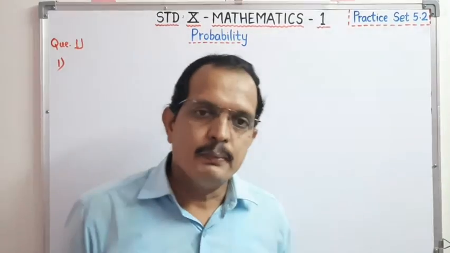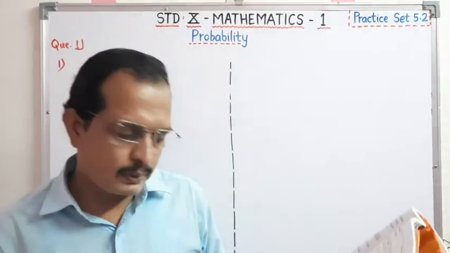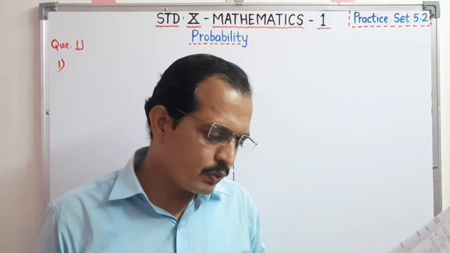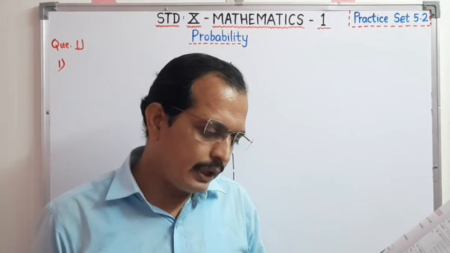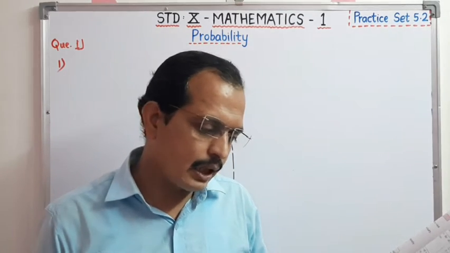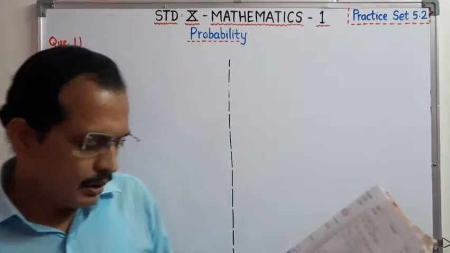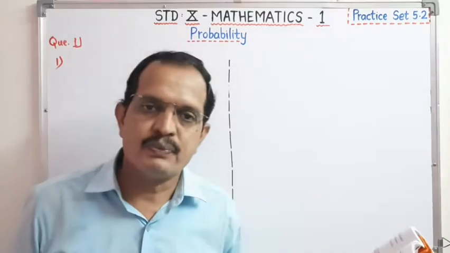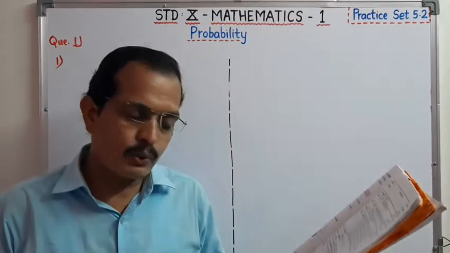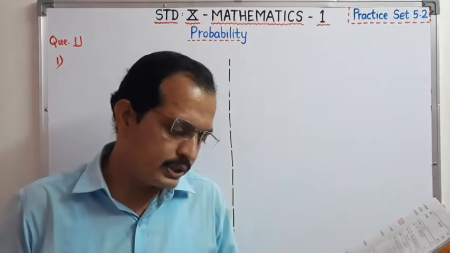See, dear student, practice set 5.2, question number one. For each of the following experiments, write the sample space S and the number of sample points n(S). Some experiments are given and for each experiment we have to write the sample space and sample points.